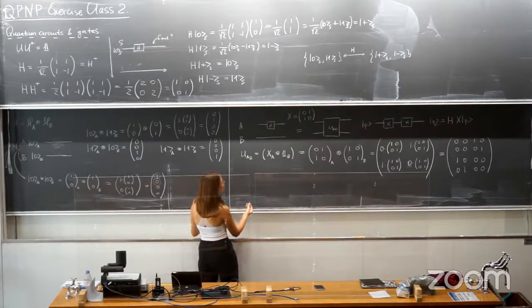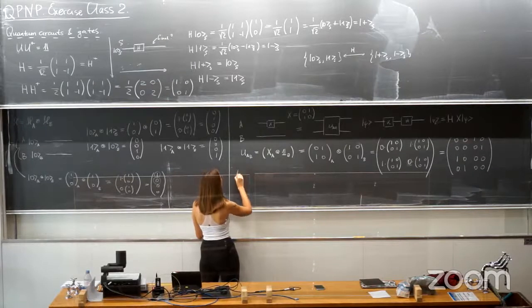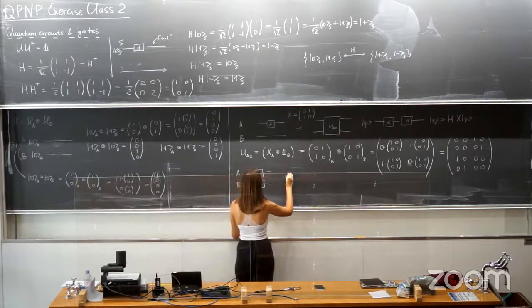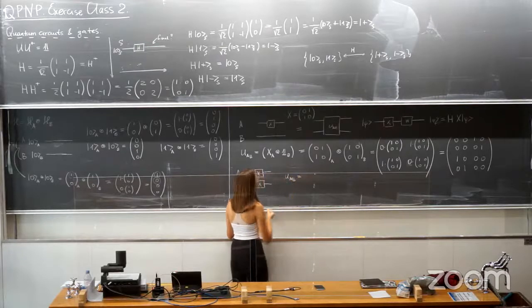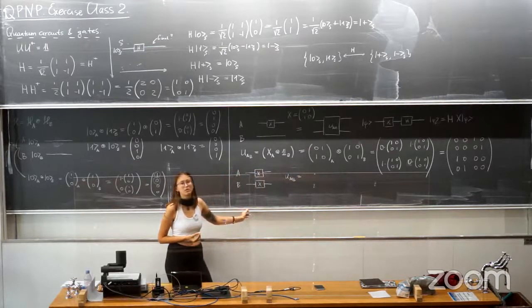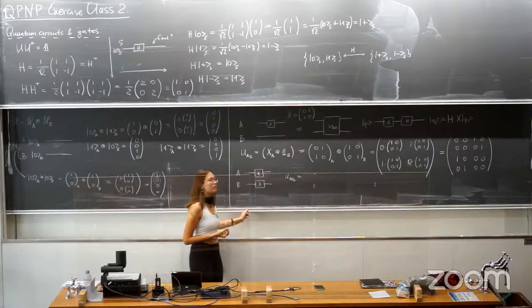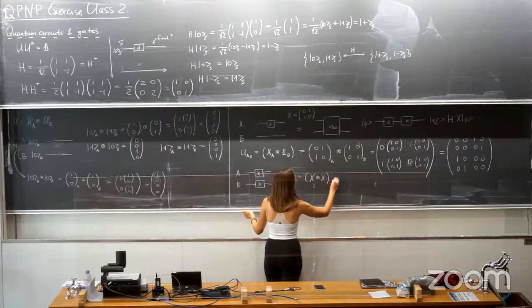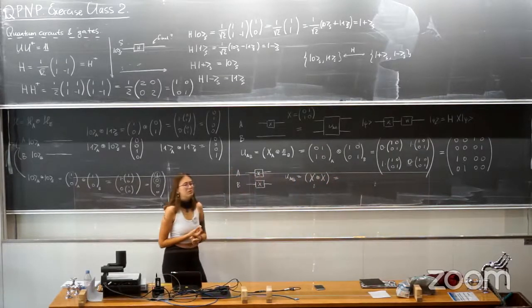Okay, now let us consider a bit more involved example. Suppose that here I apply X, and here I also apply X. How do I write it as a joint operation on both systems A and B? Yes, the tensor product X with X. And can somebody tell me the matrix form of this?